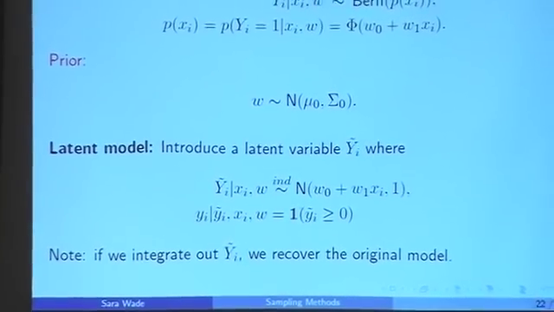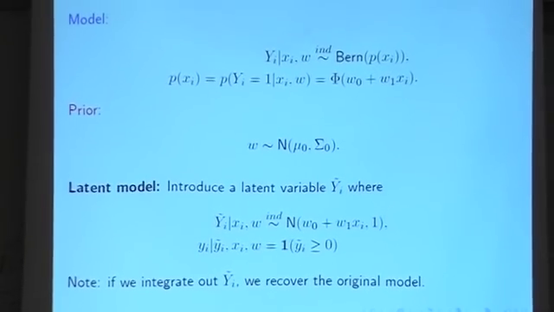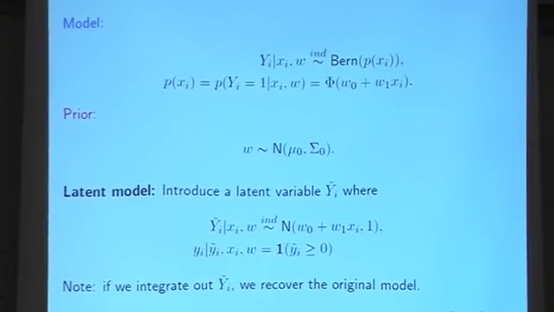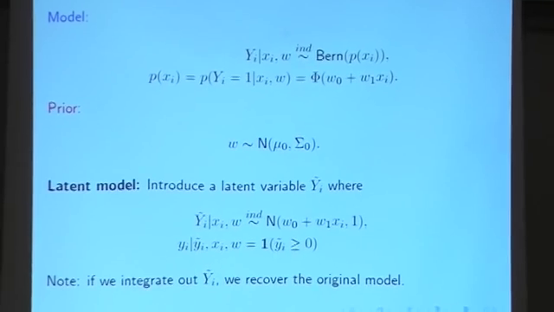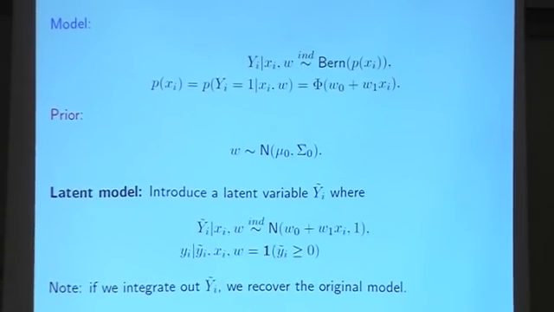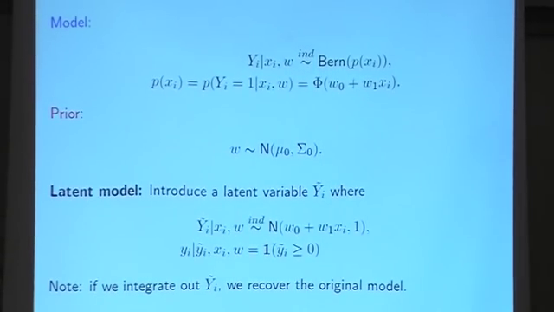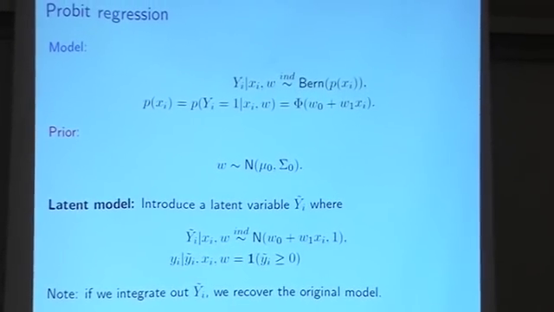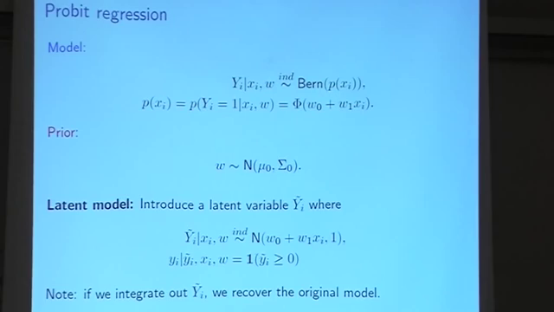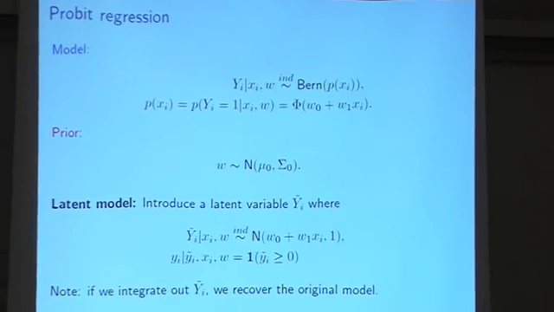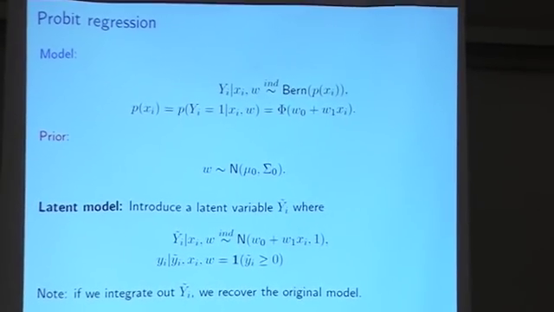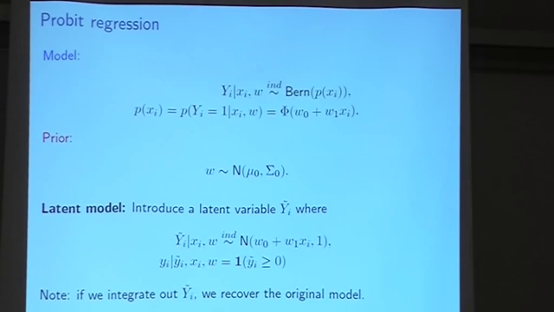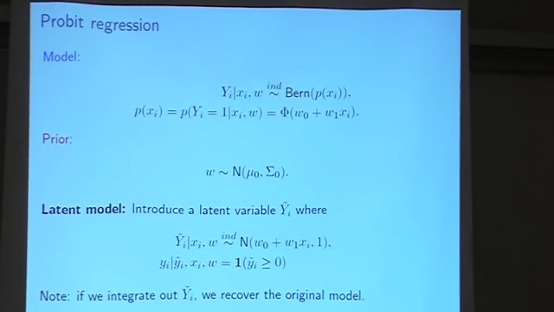Okay, so I have 2 examples. Both of these examples we saw with Miguel last week, so let's see how we can use MCMC methods to obtain inference for these examples. The first is probit regression.